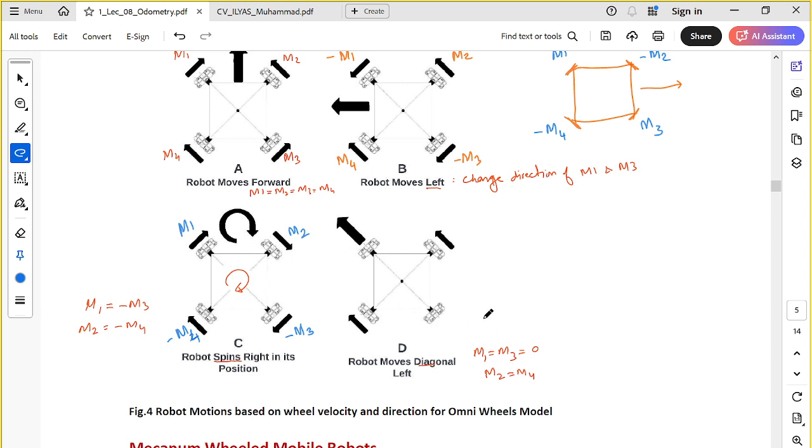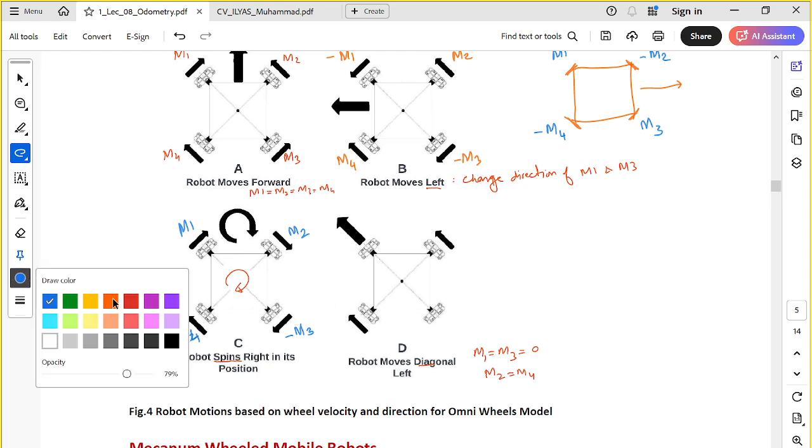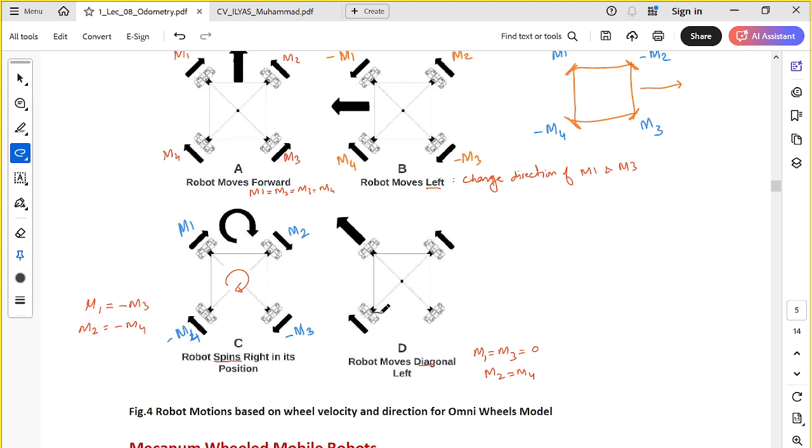And similarly, we can move this robot in a diagonal direction. We can move this robot in this direction or backward direction or in this direction simply by this. So, if you want, for example, to move this robot diagonally leftwards in this direction, what do we do?